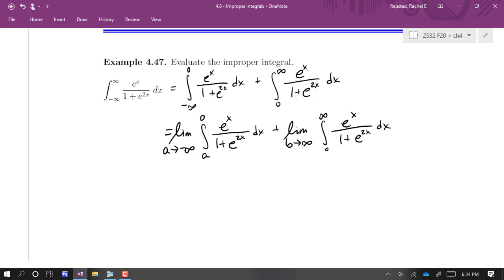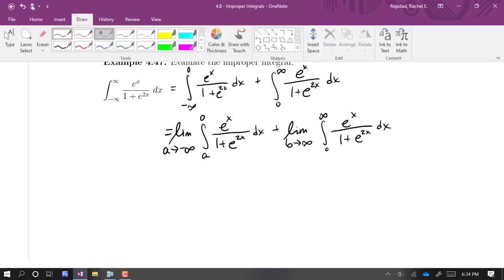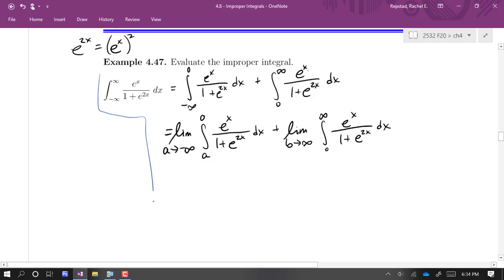So one thing that's important to realize is that e to the 2x is e to the x squared. When you raise a power to a power, you multiply those exponents. So that's the square of e to the x, and the derivative of e to the x is e to the x.